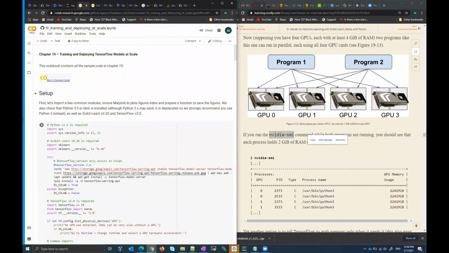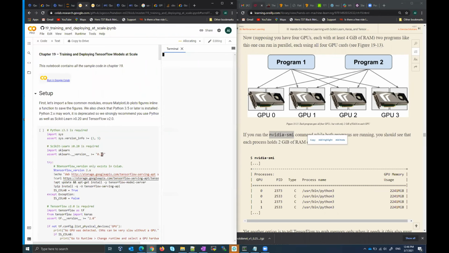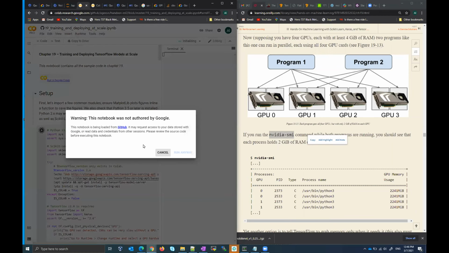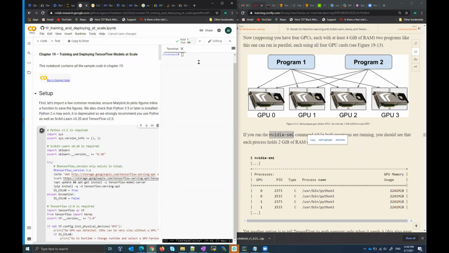I need to run this setup. Let me see if it's working. Yeah, it's working now. Okay, so I need to, in the beginning. In the meantime, see. Not yet, right?